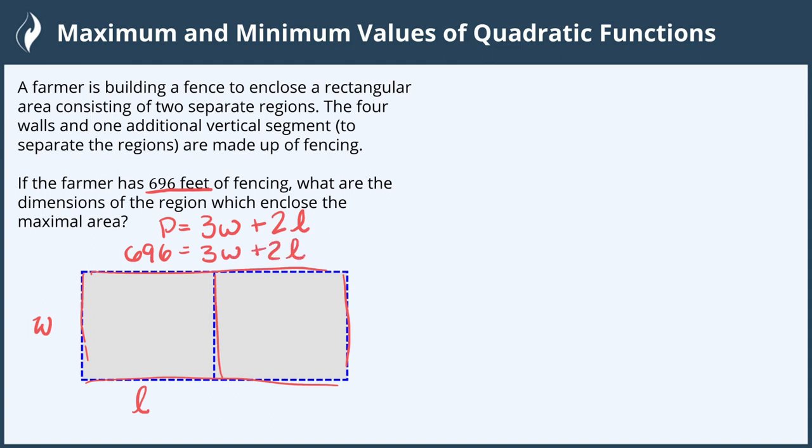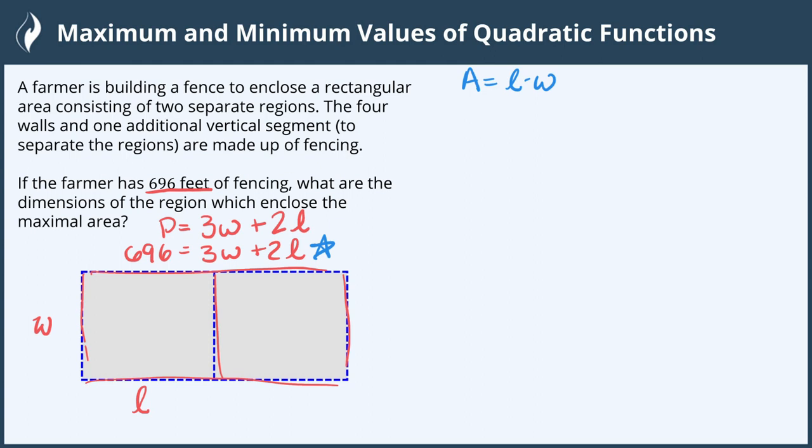And we know that we've been asked to maximize the area. So we need something else. Area is found by length times width. And we want to maximize that. But we don't have the length and the width yet. But we do have something that can help find the length and the width, which is our perimeter equation.